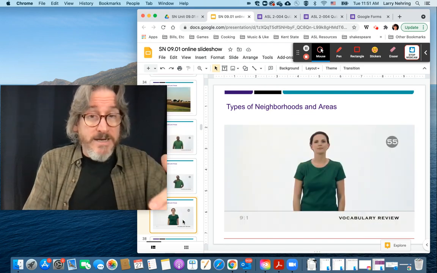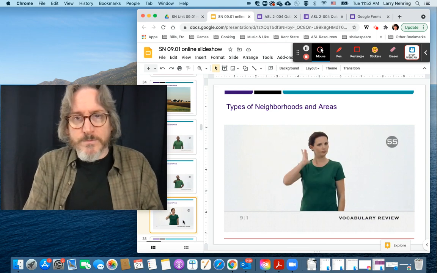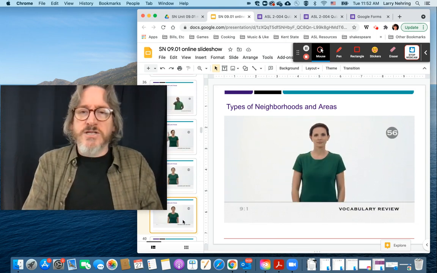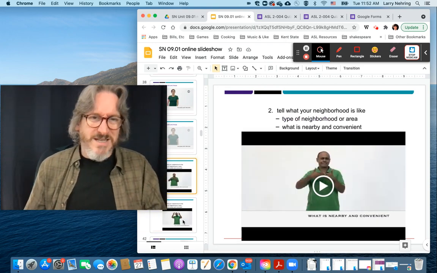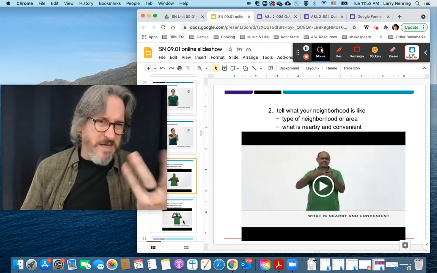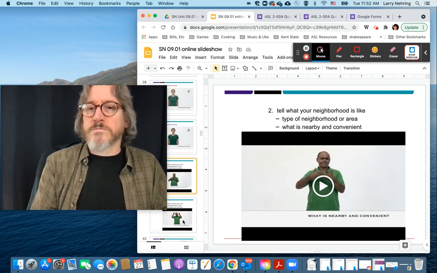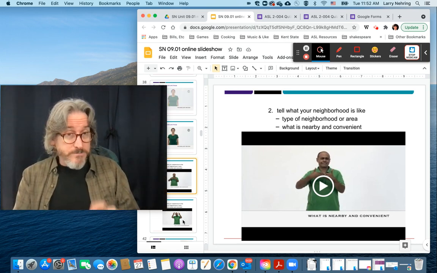So again, more areas describing them. And then the vocab review. And each of these GIFs, again, let me know if the GIFs make this thing too slow, because I can replace them once I get everything posted. So the next section is he's talking about what's nearby and what's convenient.